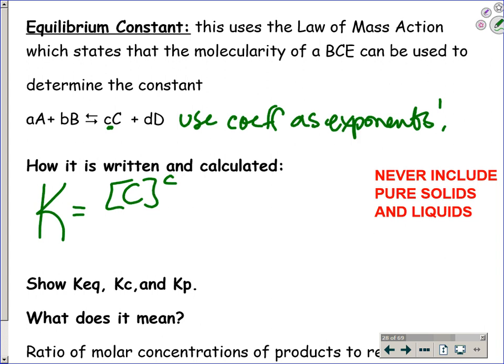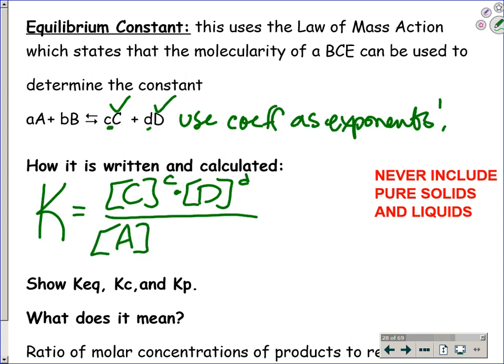Next, we're going to multiply that by the concentration of product D. So check, we've used both products. Raised to the lowercase d power, because that's whatever the coefficient of that is. Over what? Okay, so concentration of A raised to the lowercase a power, times the concentration of reactant B raised to the little b power. Okay, so we have that general setup that we'll use every single time.